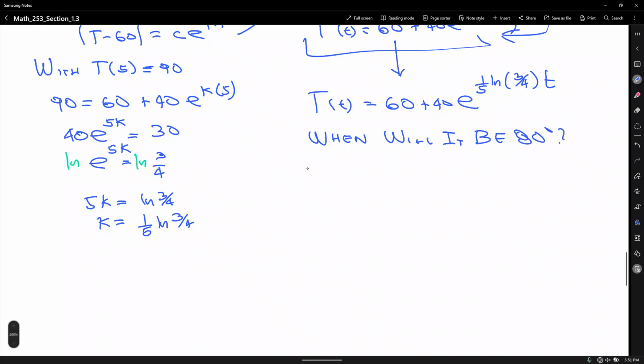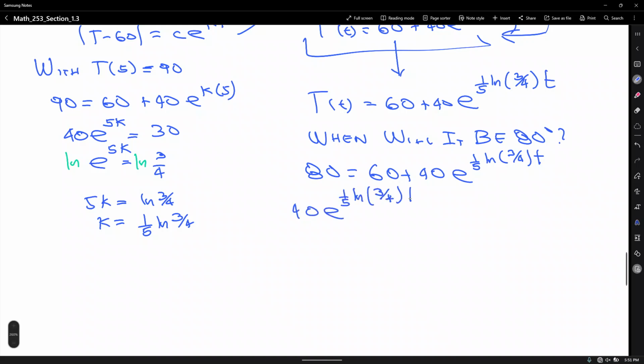We substitute 80 for the temperature: 80 equals 60 plus 40 e to the 1/5 ln of 3/4 t. I'm not substituting anything for t because that's the question; you're asking when. Let's subtract 60: 40 e to the 1/5 ln of 3/4 t equals 20.